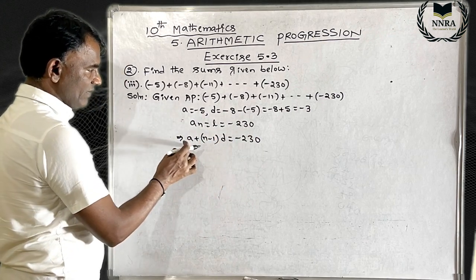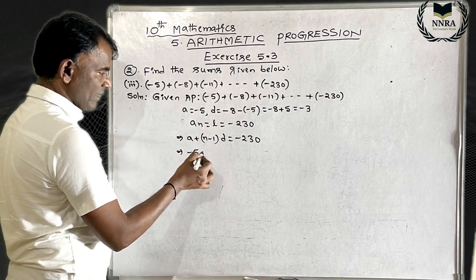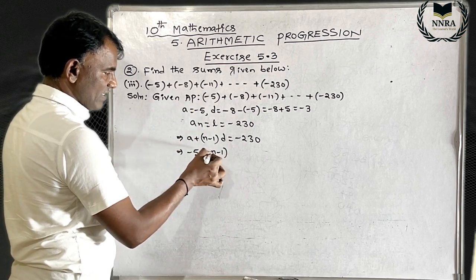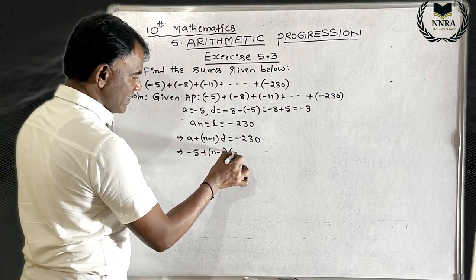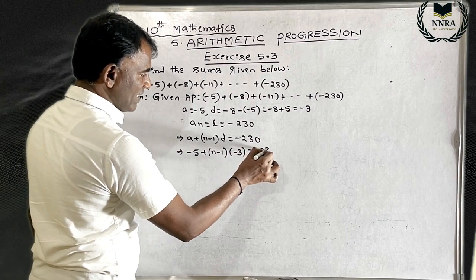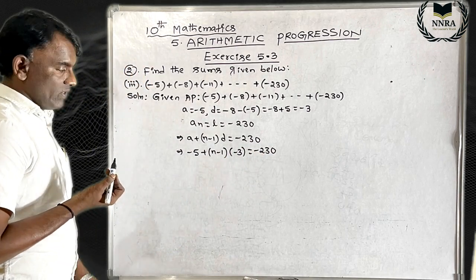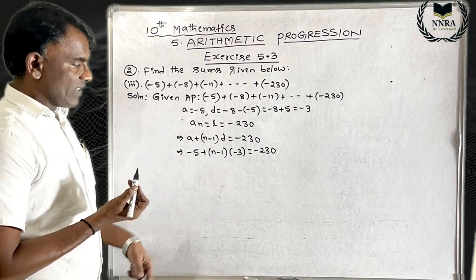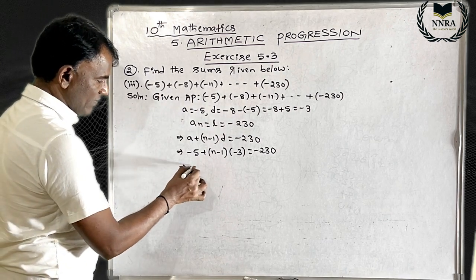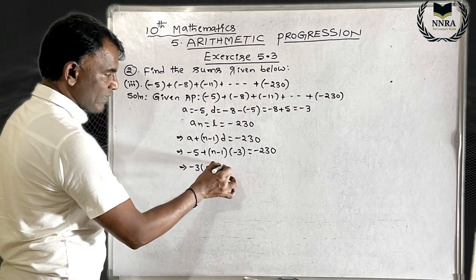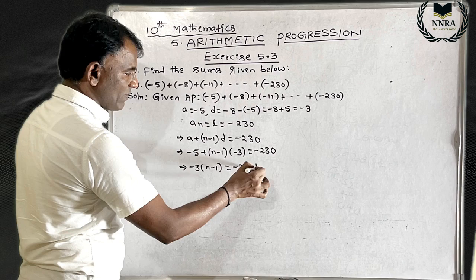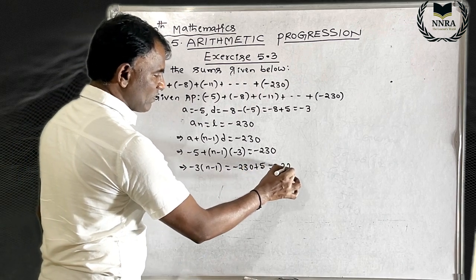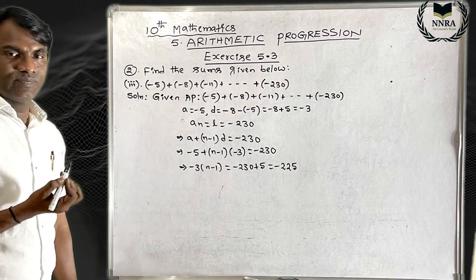Now what is the value of a? a equals minus 5, and (n minus 1), and the d value is minus 3, and it is minus 230. So if you write minus 5 that side, we get plus 5. So here we get minus 3 into (n minus 1) equals minus 230 plus 5, so it is minus 225.